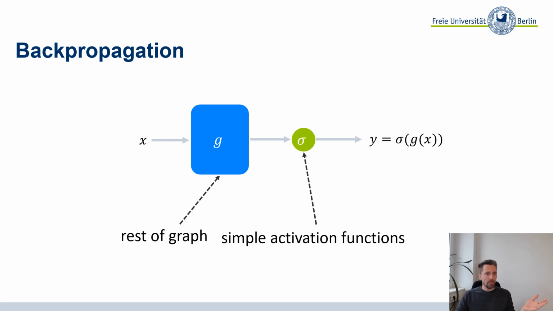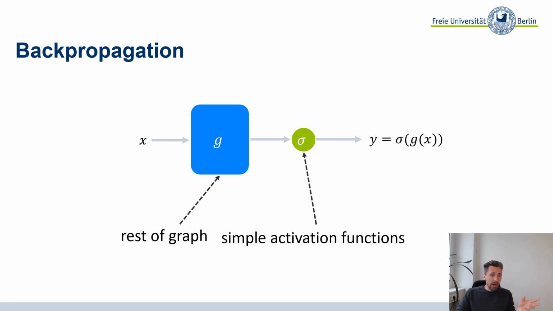And so the application of the chain rule states the gradient with respect to the input is the derivative of the sigmoid, which I'll show you in a second how this looks exactly.